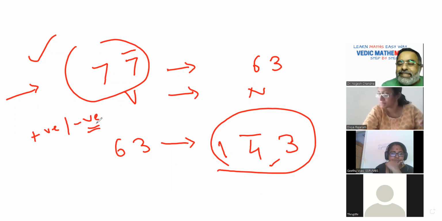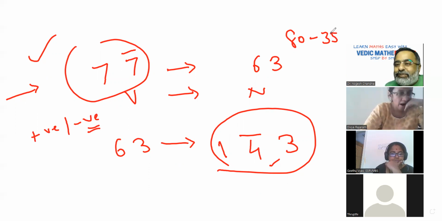When I took the first example, 80 minus 35, I didn't convert 35 into vinculum. Basically, I took the minus 35, so it can be written as 3 bar, 5 bar. That is basic representation as a vinculum, not conversion from normal to vinculum. These are two different things. Conversion you'll do when the number is bigger. Representation is what you use for your benefit.